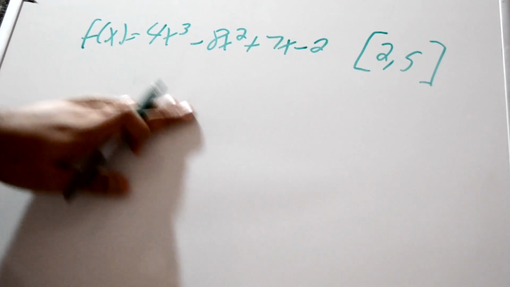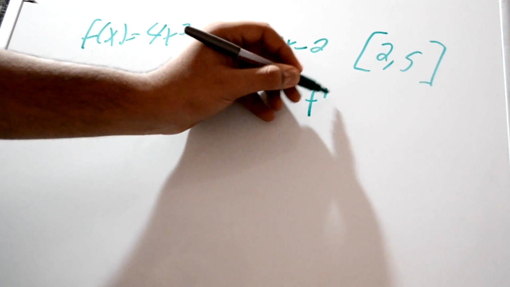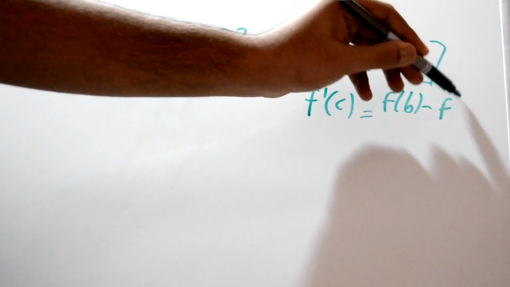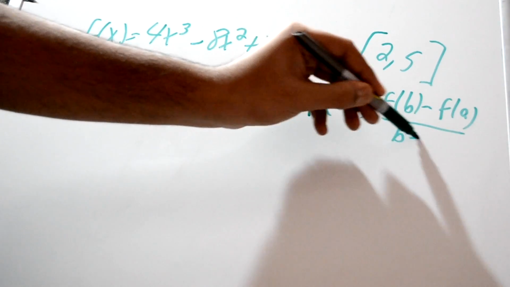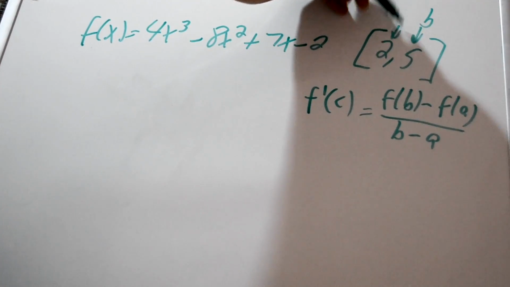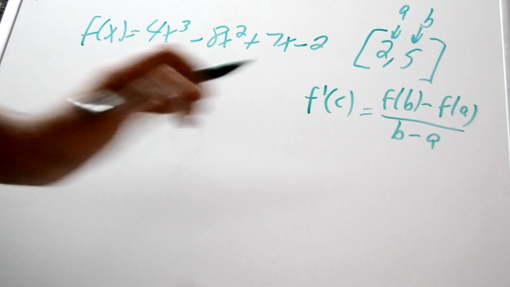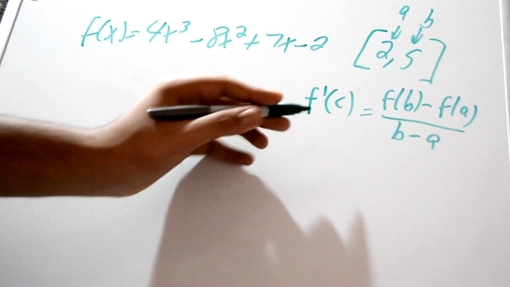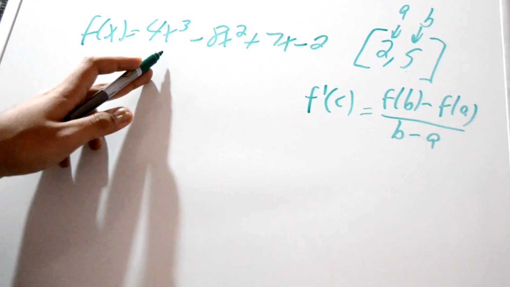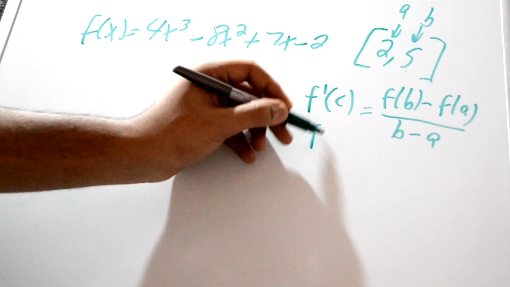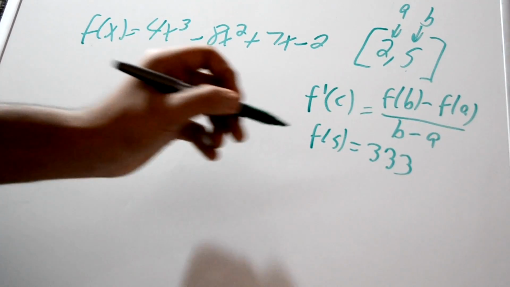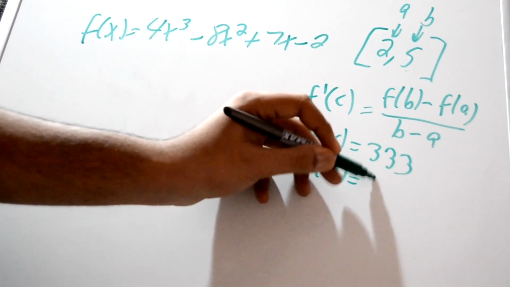The first thing we're going to do is write our equation: f prime of c is equal to f of b minus f of a over b minus a. Here b is 5 and a is 2, since it's from a to b, and we'll plug in the numbers. f of 5 is equal to 333, and you can use your calculator for that. f of 2 is equal to 12.